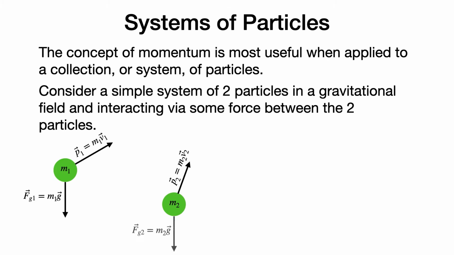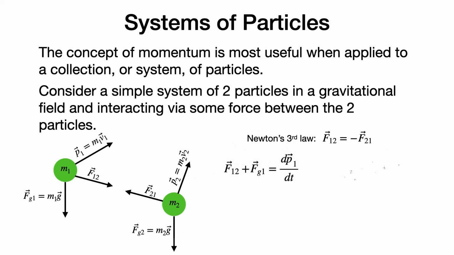Acting on both particles is the force of gravity acting down. And acting between the two masses is going to be some unknown force, F, where F12 is the force on mass 1 by mass 2, and F21 is the force on mass 2 by mass 1, and by Newton's third law, F12 is minus F21. These are an action-reaction pair of forces.